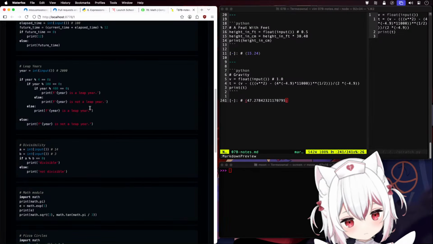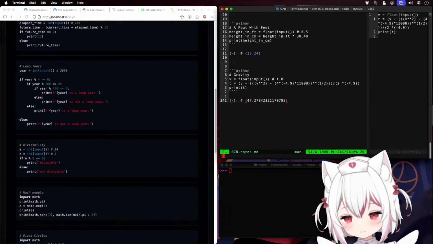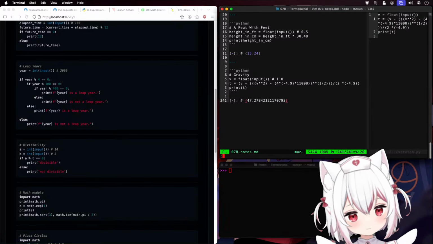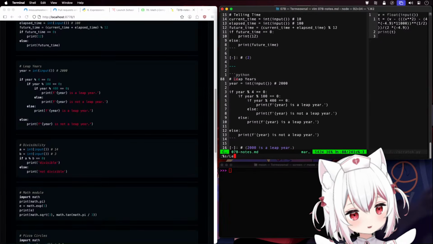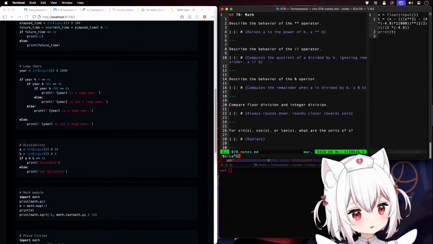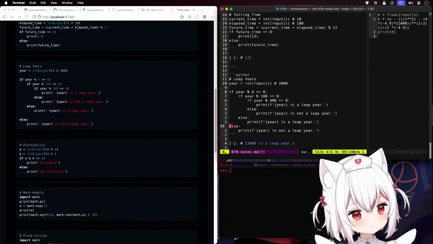Why is there an extra space in here? Oops. Is there an extra space in leap years? Oops. Leap. Oops. 1, 2. There's an extra space right here.